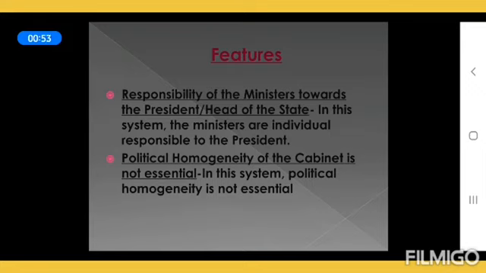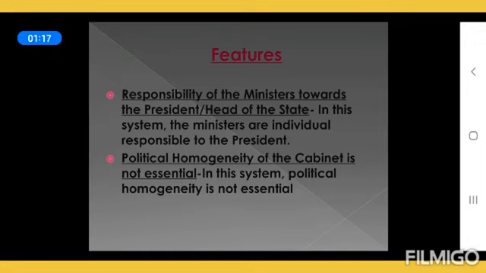When you see the parliamentary form of government, normally all the ministers belong to the same political party, which has a majority in the legislature. So normally all the members of the council of ministers in the parliamentary form of government are from a single political party, which holds the majority of the seats in the legislature.